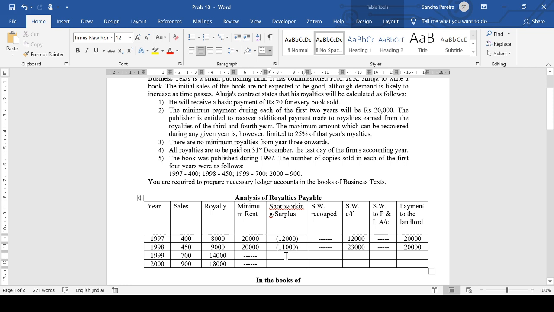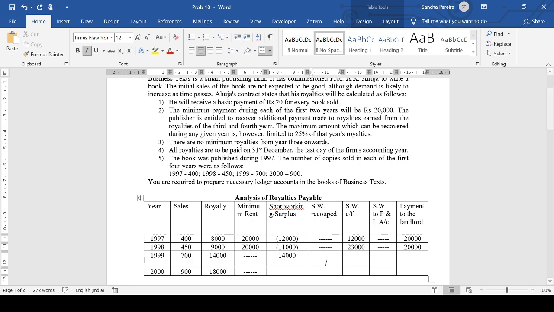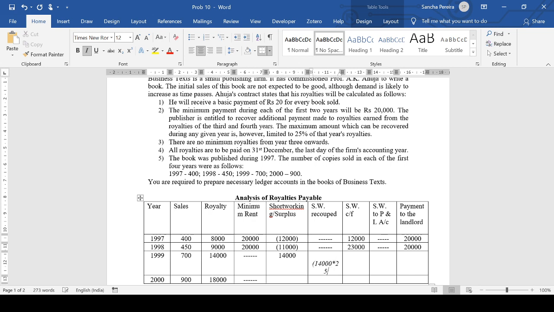So even if we show 14,000 as a surplus here, we can't recoup 14,000 even though we have a short working of 23,000. At the most we can recoup 25% of that year's royalties. Now what is 25% of that year's royalties? Basically 14,000 into 25%.